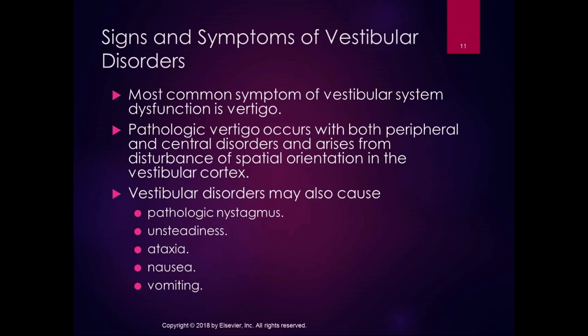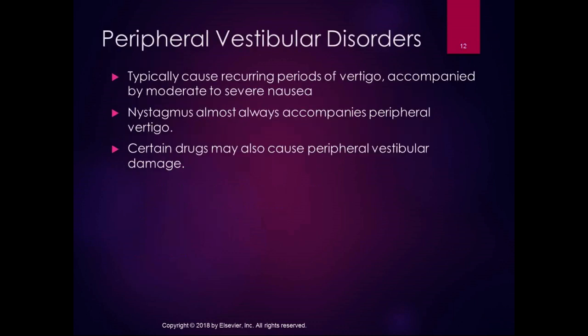So it's pretty common to have someone vomit or at least get nauseous during a vestibular evaluation. Peripheral vestibular disorders typically cause recurring periods of vertigo accompanied by moderate to severe nausea. Nystagmus almost always accompanies peripheral vertigo, and certain drugs can also cause peripheral problems.